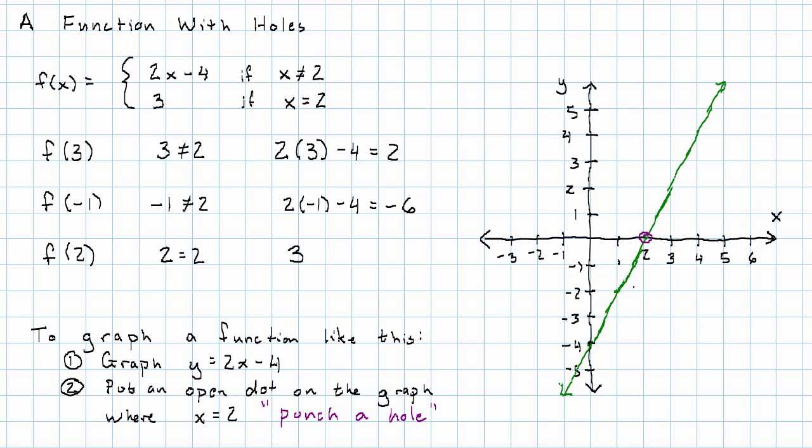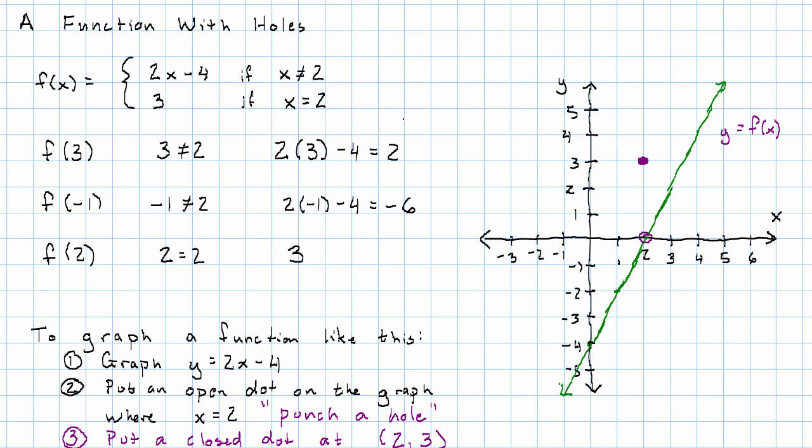And then at the point where x equals 2, this function is not that line, but rather 3. So we'll put a closed dot at x equals 2, f of x equals 3. And this is now the graph of y equals f of x.